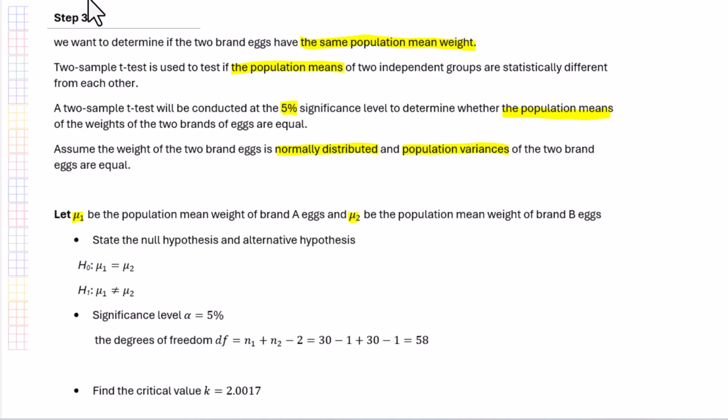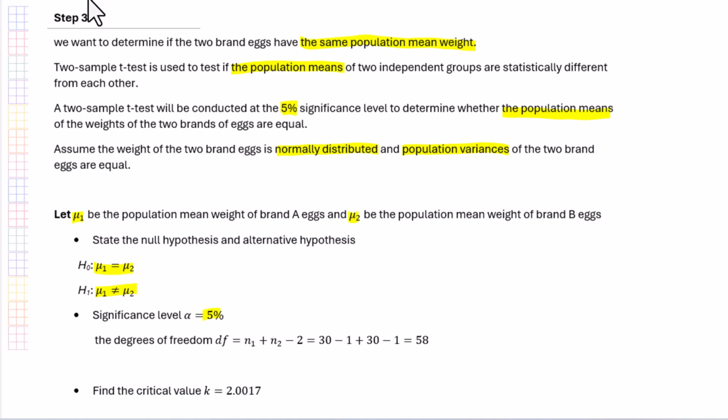State the null hypothesis and alternative hypothesis. H0: mu1 equals mu2. H1: mu1 is not equal to mu2. Significance level alpha equals 5%.